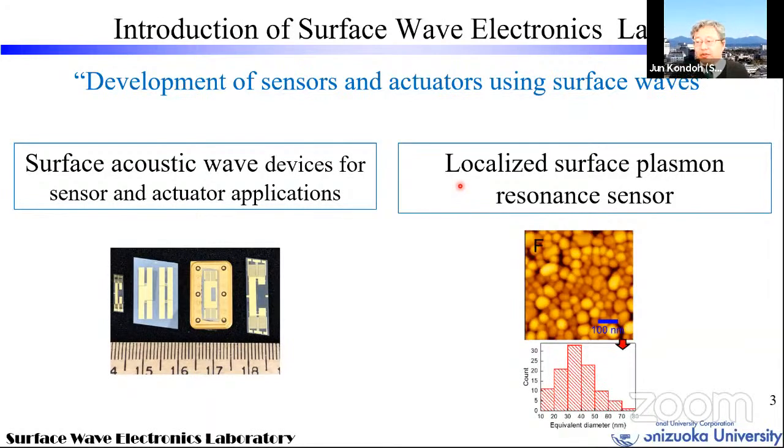Before, we had investigated surface plasmon resonance, which is a propagating optical surface wave. But localized surface plasmon is not a propagating wave. It's located around the nanoparticle. Today's presentation relates to both phenomena. So at first, I briefly introduce both previous research.